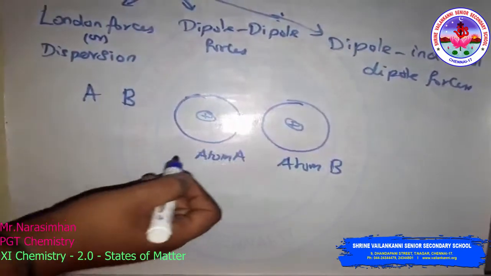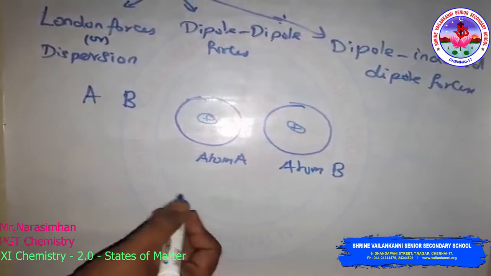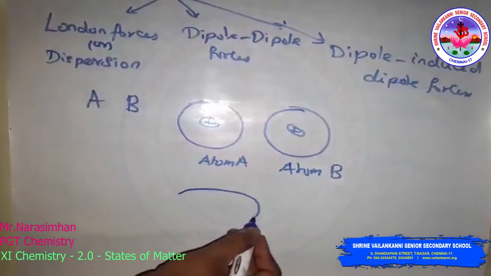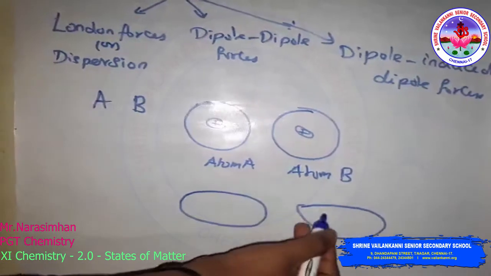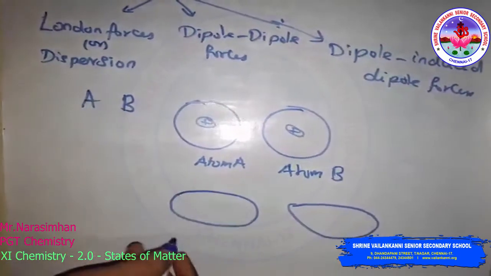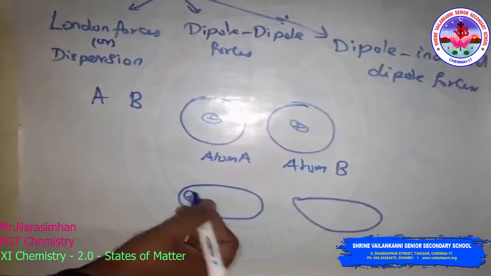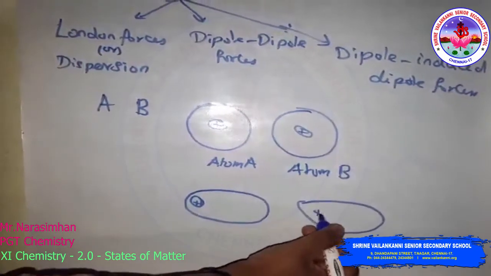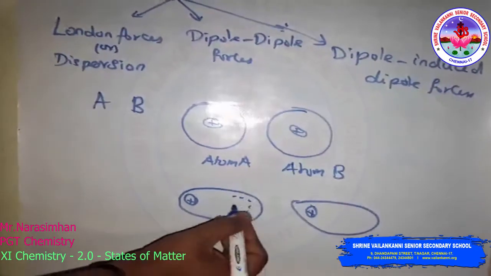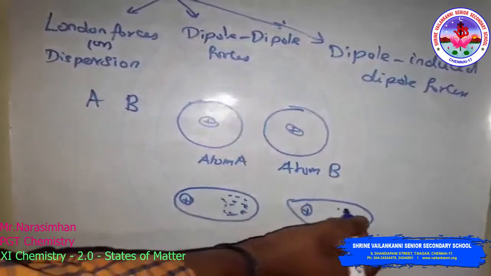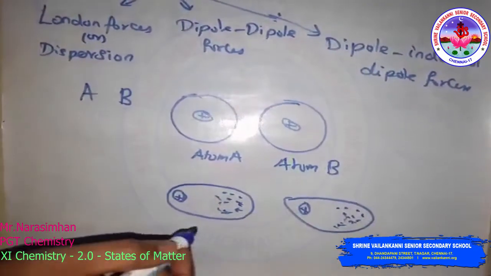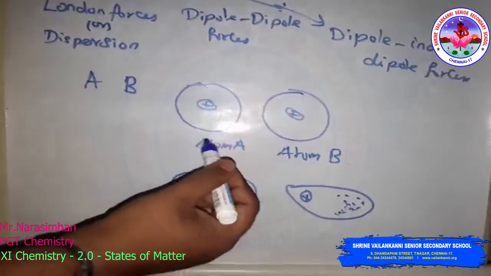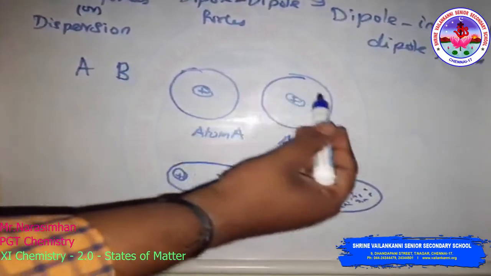For example, this is atom A and this is atom B. Here the first one is the symmetrical distribution of the electronic charge.